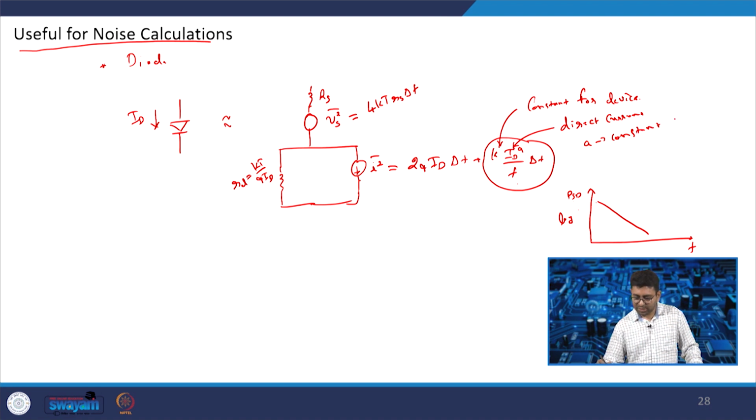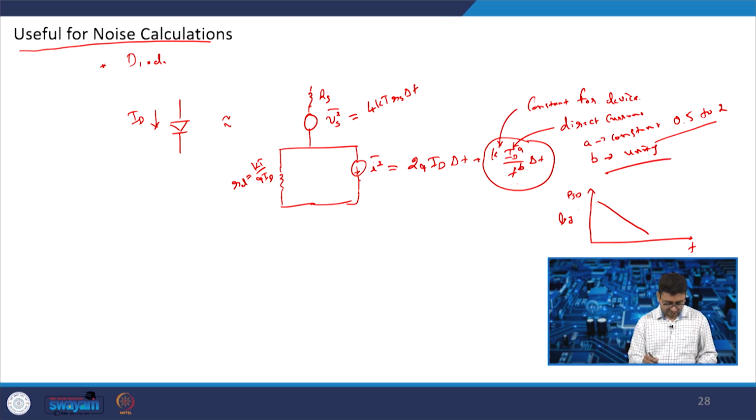This will vary from 0.5 to 2. There is a constant b also. This will be around unity. It might change if you change the process.